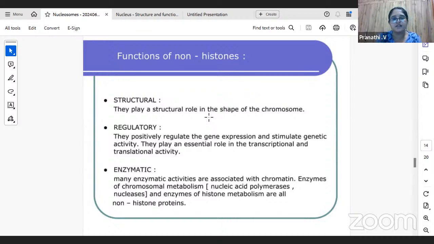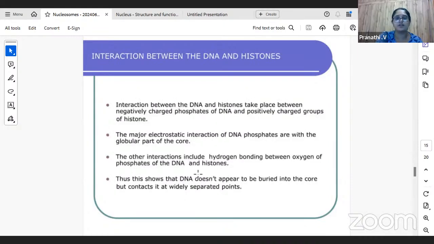Regulatory because the transcription factors, like initiation, elongation, all these factors are important, and they play a positive as well as a negative role in gene expression. And when it comes to the enzymes, polymerases, nucleases, and proteinases, most of these enzymes are non-histone proteins.